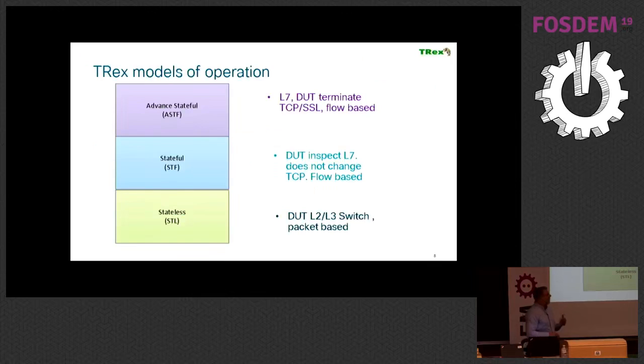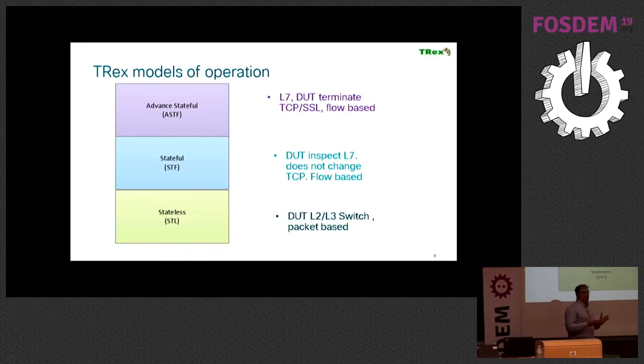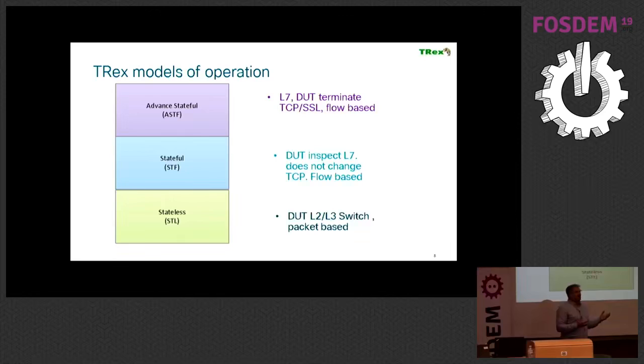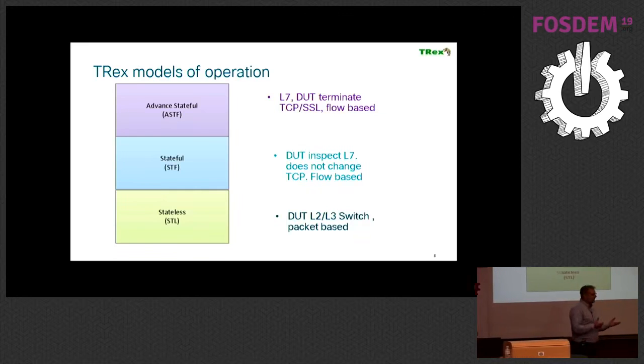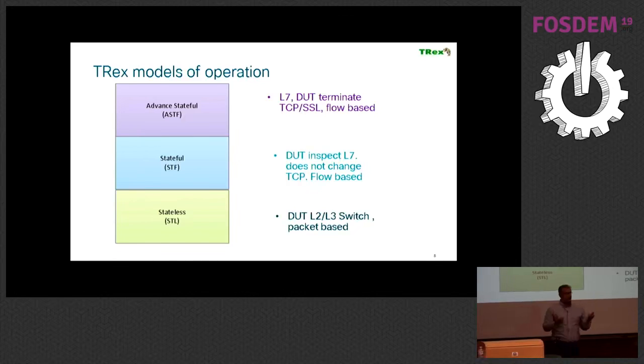And this is the mode of operation. Because there are many types of modes that you need to test, there need to be modes of operation for the traffic generation. For example, you don't need realistic traffic to test a switch, right? Because there is only a switching of packets, a simple lookup.